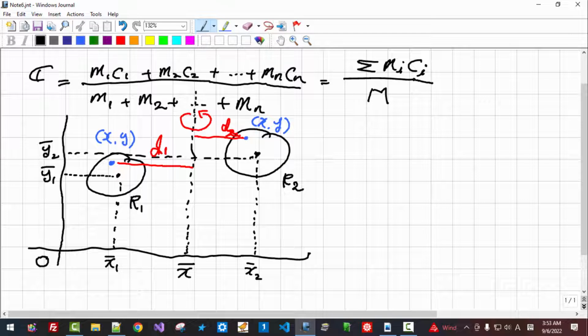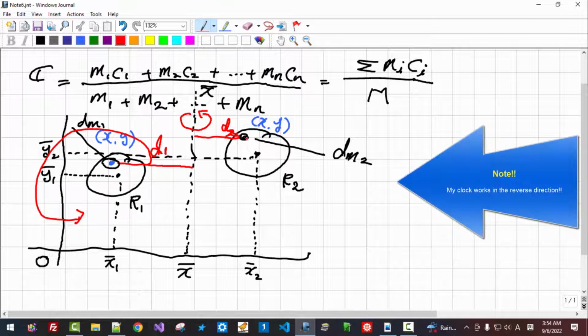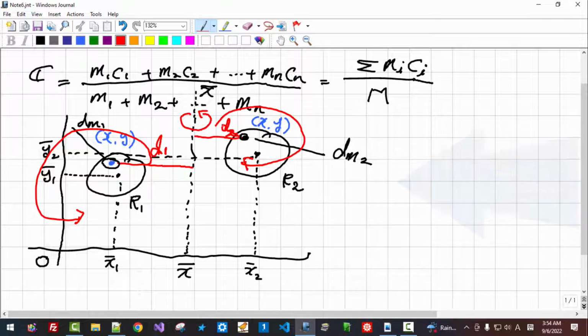With respect to x bar, this dm1 and this dm2 will create clockwise rotation. This point will create counterclockwise rotation with respect to this line passing through the center of mass.